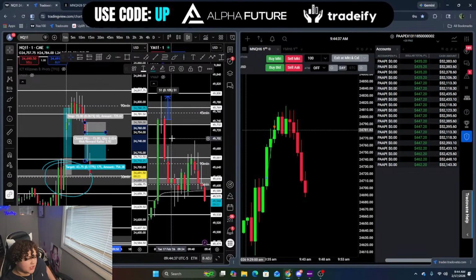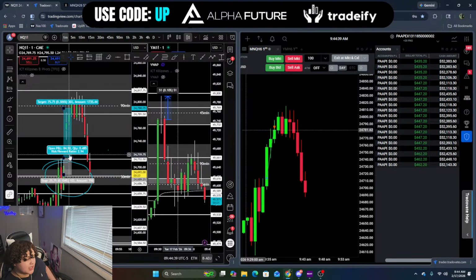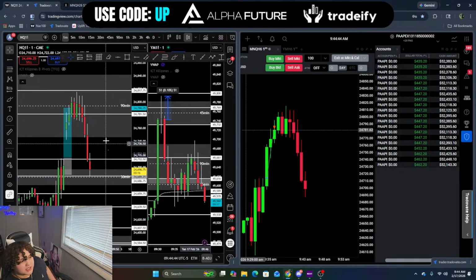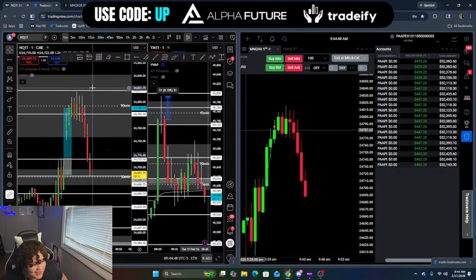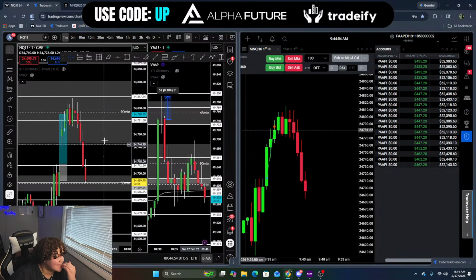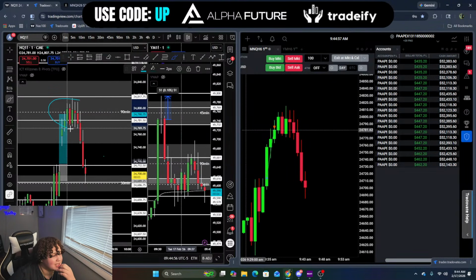Now I just have to journal. I really just have to journal the first 2 trades. The third trade was more of a gamble. Yeah, it definitely looks like it rejected this 90-minute supply zone.